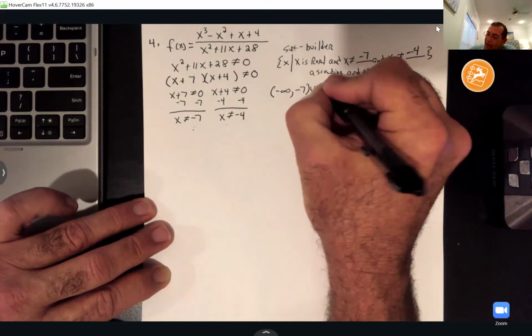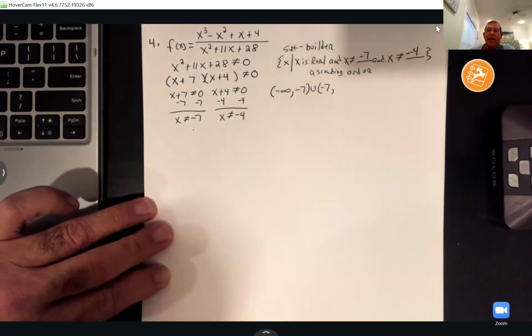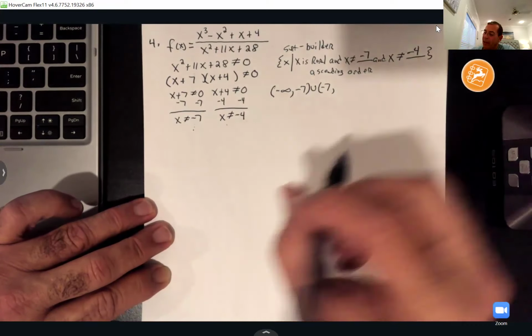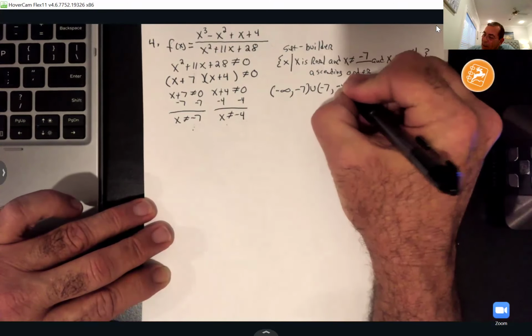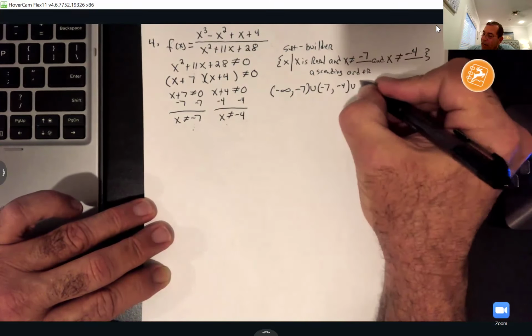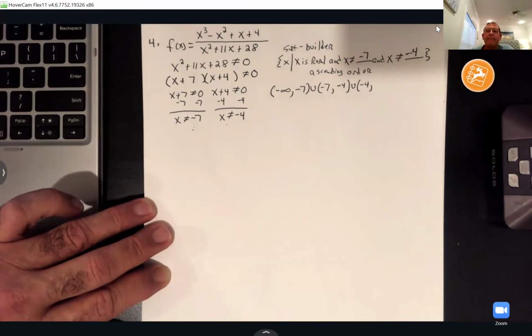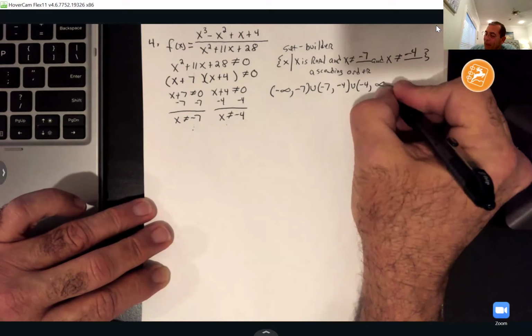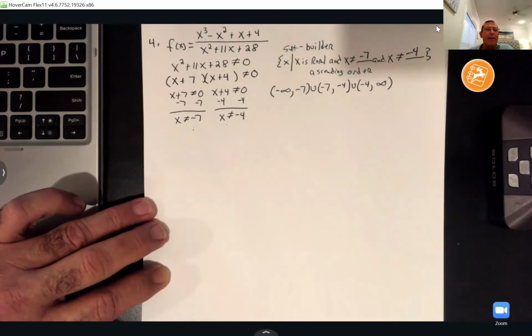I'm going to kick out negative 7 by unioning around it. From negative 7, we're cruising until we get to negative 4. So we're going to union around negative 4 to kick it out. And then we're off towards positive infinity.